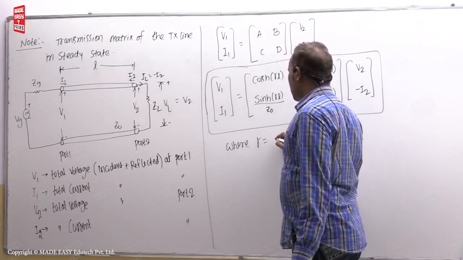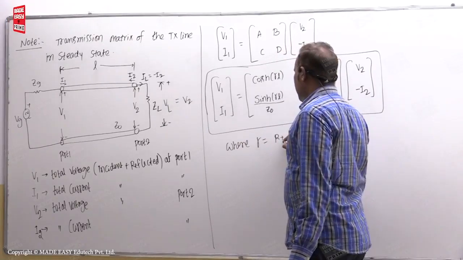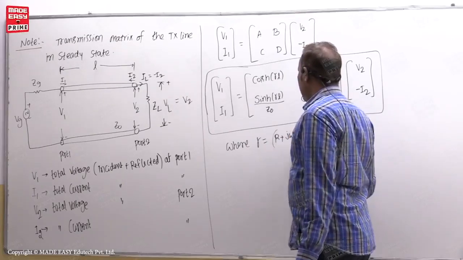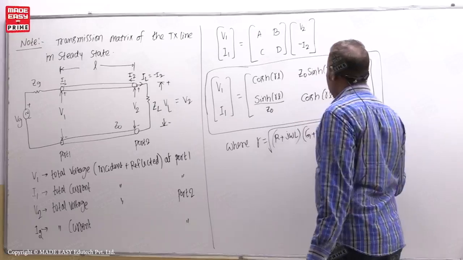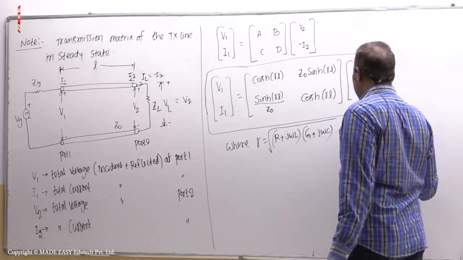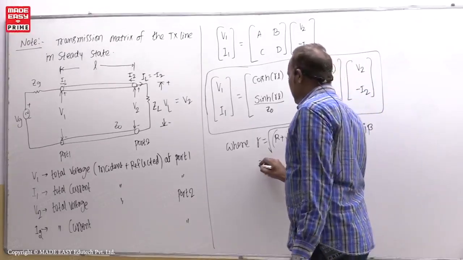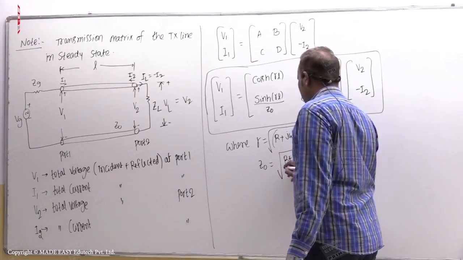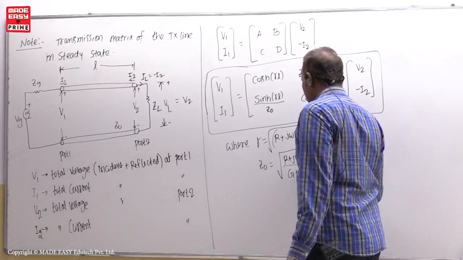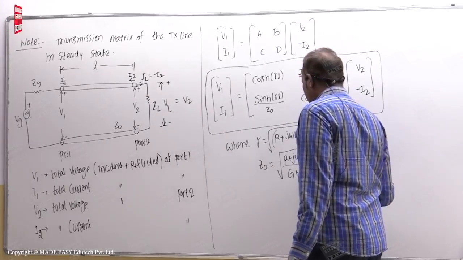For a general transmission line, gamma is equal to root of (R plus j omega L)(G plus j omega C), that is nothing but alpha plus j beta, and Z0 is equal to root of (R plus j omega L) by (G plus j omega C).